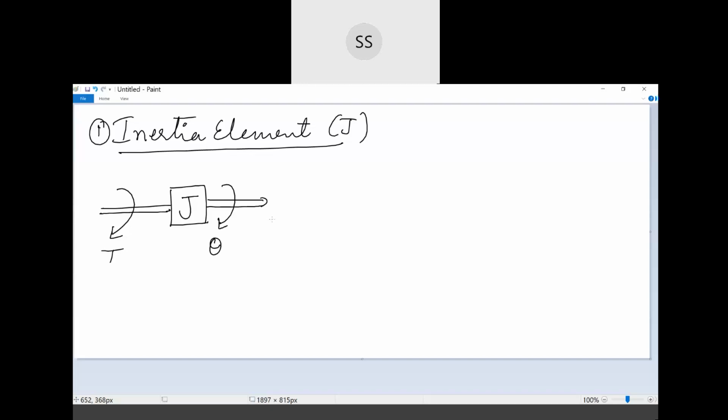So now because of this, that mass of inertia is going to oppose the torque T, and that T will be proportional to alpha. So T will be equal to J into alpha, or T is equal to J into d omega by dt.